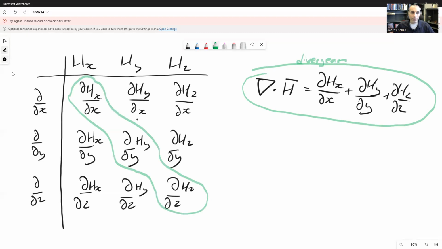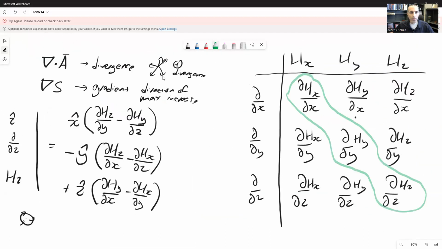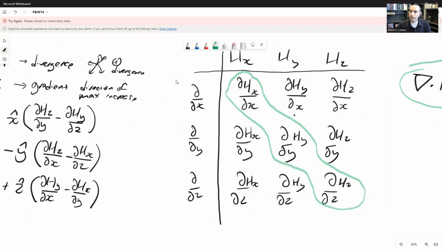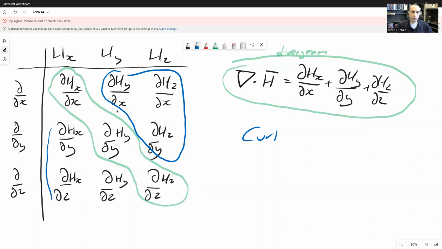If you take a look at that definition of curl that we came up with over here, you'll notice that all of the partial derivatives have a different coordinate on the component than we have in the direction. This is z and y, this is y and z, this is z and x. They're all different, which means that for the curl, we are basically using the other 6 components of this partial derivative.